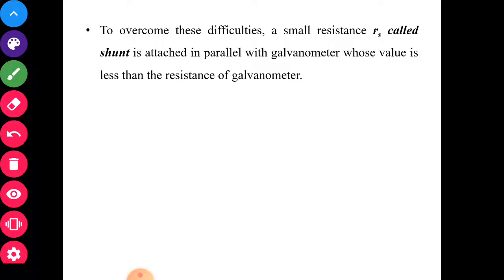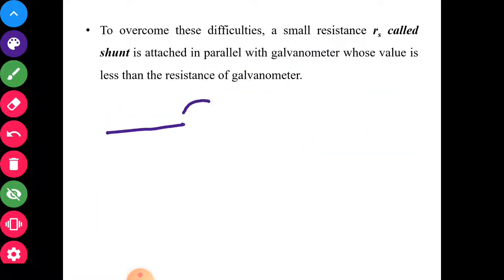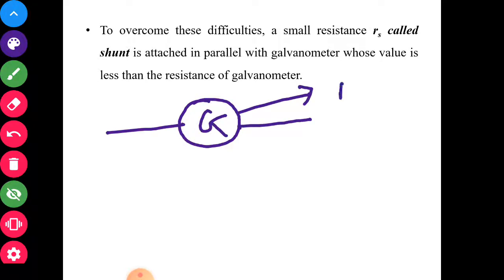Now, to convert this galvanometer into a current measuring device, or to overcome these difficulties, say originally you have this galvanometer, whose resistance is Rg.